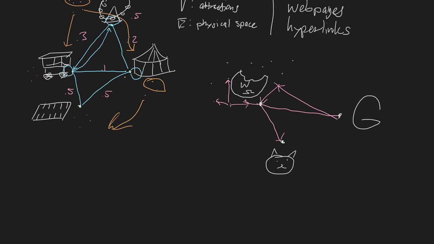Now, there are some things that come up immediately in this graph that we did not have before, and that would be this here. We'll notice that your grandma's web page does not link to any other web pages.